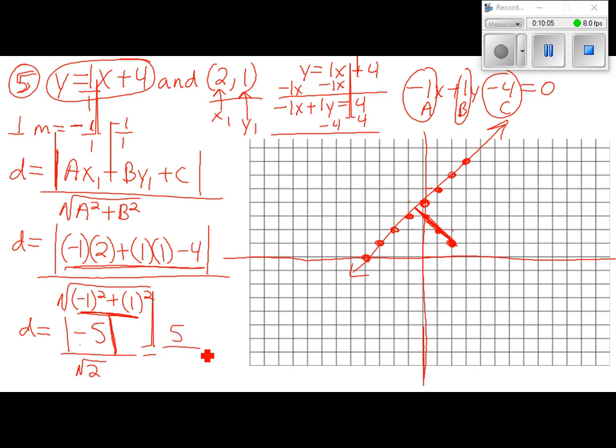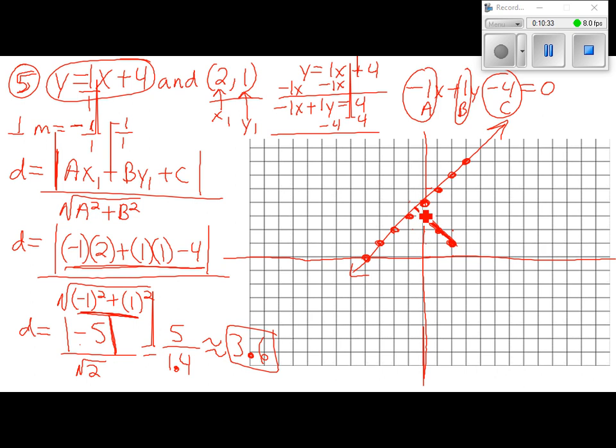The square root of 2 is about 1.4. And then 5 divided by 1.4 is about 3.6. So our distance there is about 3.6. And we look back over here and count 1, 2, we go across about 3 blocks. So 3.6 would probably make sense.